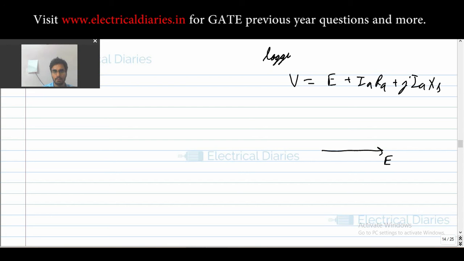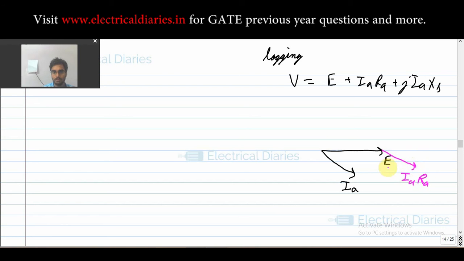This is the lagging load, so E is the reference, and lagging means my current IA will lag E. Now you have to add to E the IA into RA, which will always be in phase with your IA. So this will be my IA into RA.